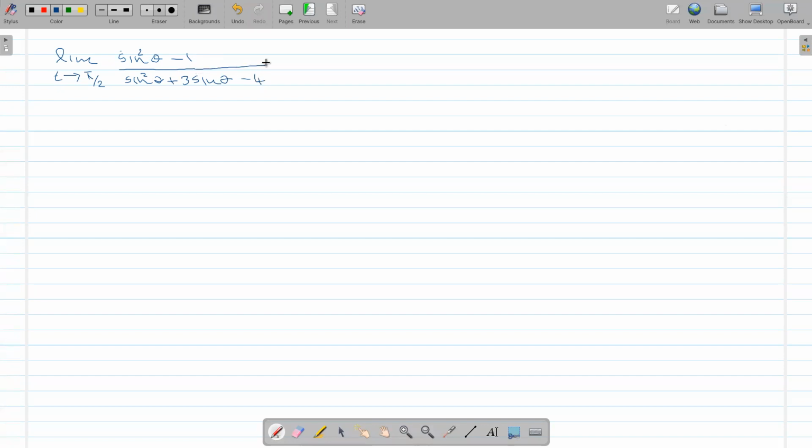Okay, this one. Sine squared theta minus 1 over sine squared theta plus 3 sine theta minus 4. So this one, if I try plugging in.